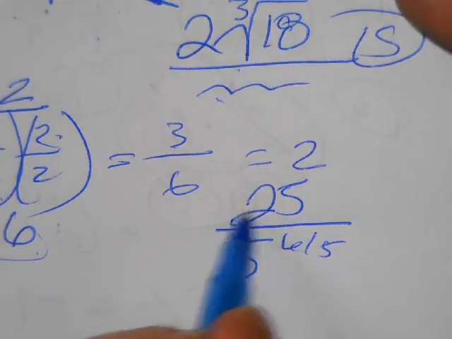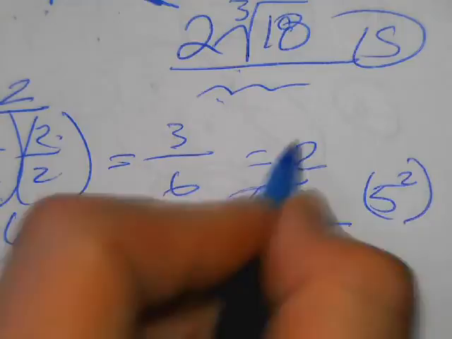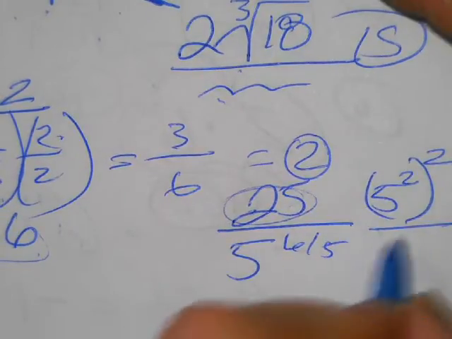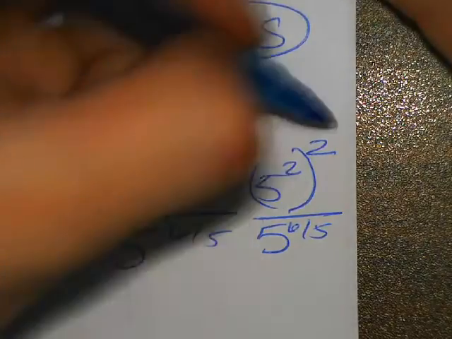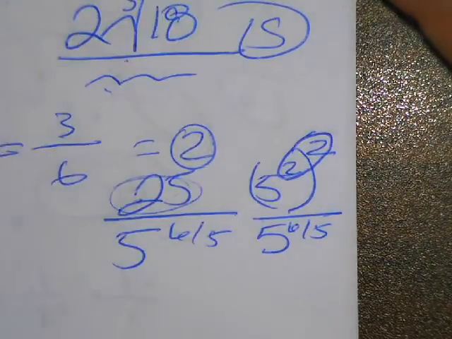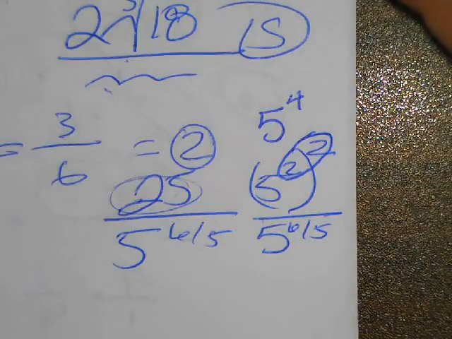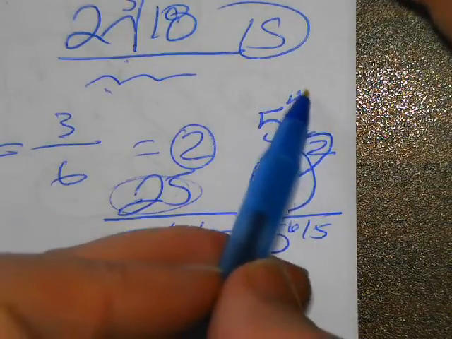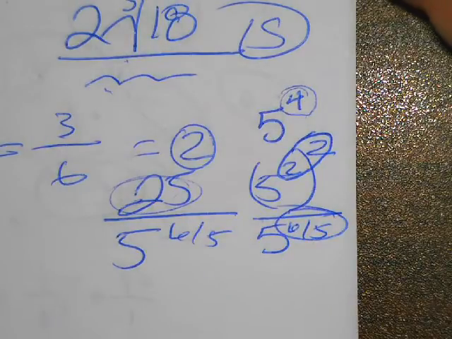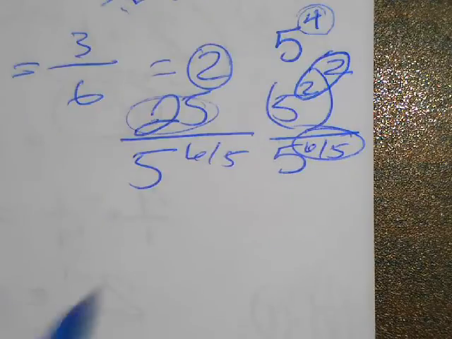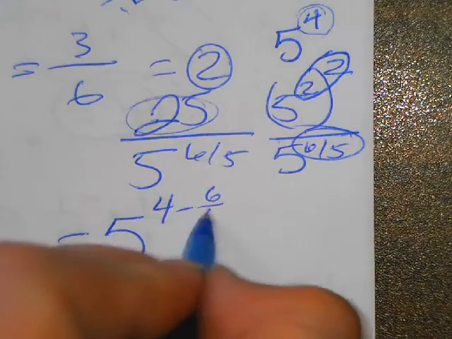So what I'm going to do is write 25 as 5 squared, and then continue on with my problem. Now I can use power over power to combine these two into 5 to the 1st power. Now it's time for me to subtract my exponents.